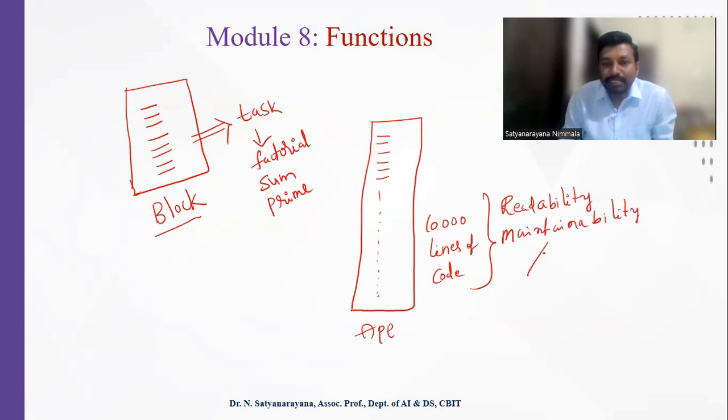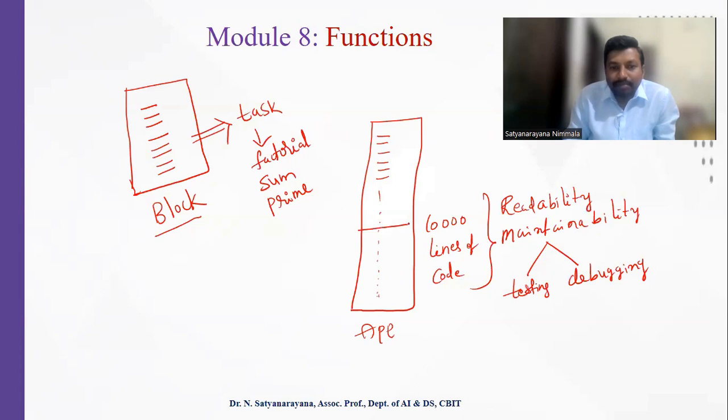Maintainability of this program in the sense that testing and debugging becomes very tough. The other aspect of considering functions in programming is that I want to use some subpart of this program at multiple places in my application.